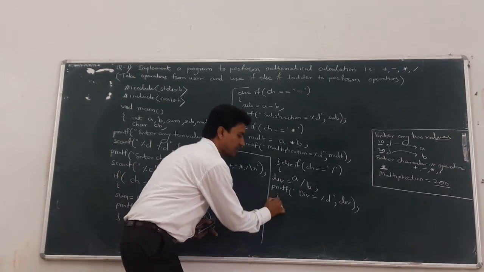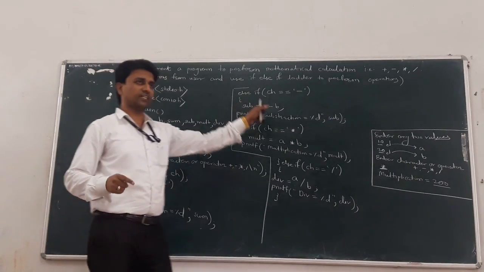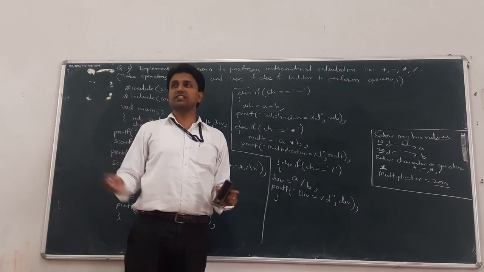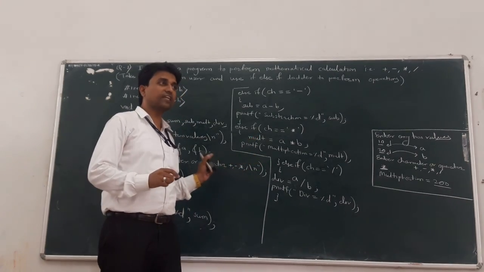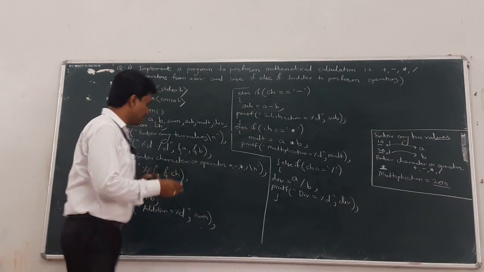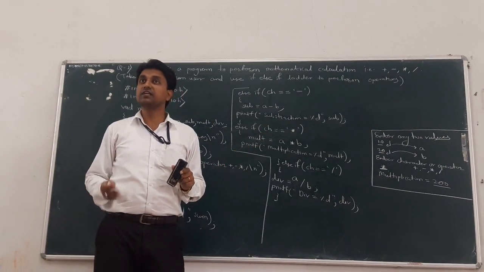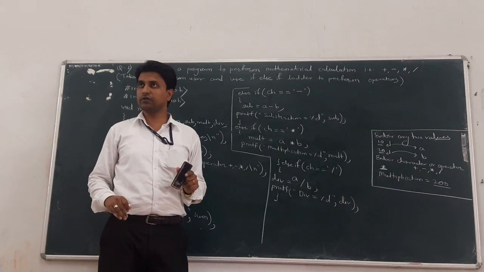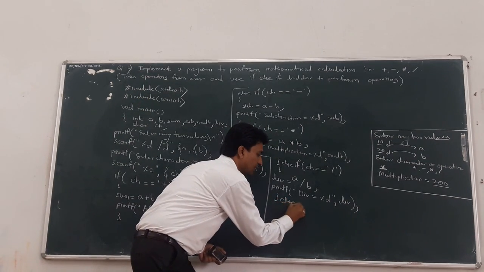Next, else complete. So now all the conditions are over. Now the last condition. It is not a condition, it is the else part. If the user enters a wrong choice, instead of plus, minus, division or multiplication, if the user enters some other character, then the user goes to the else part.